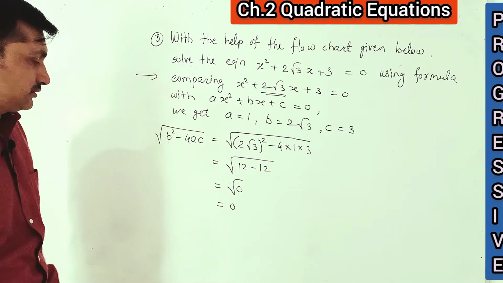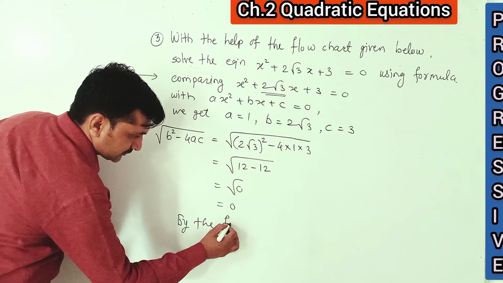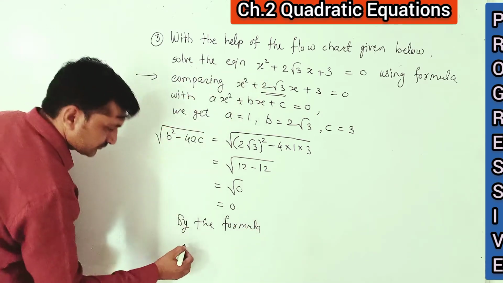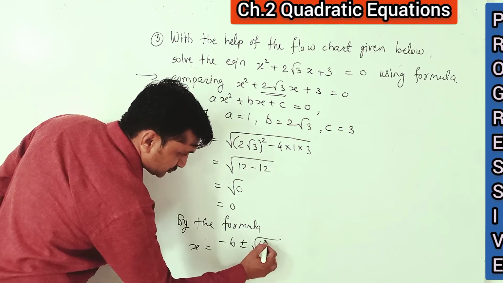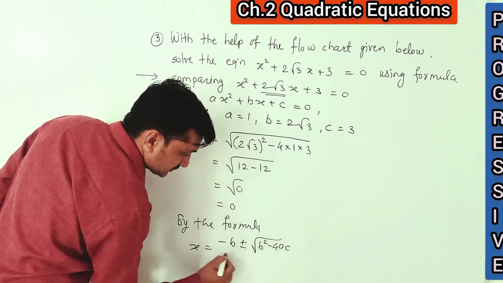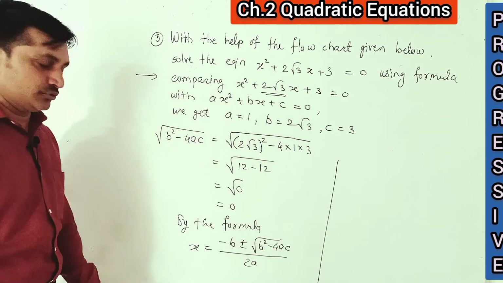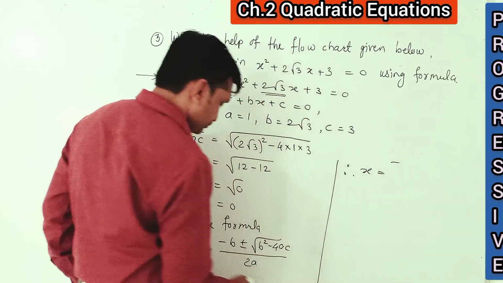We got 0 here. By the formula, now variable is x, that's why x is equal to minus b plus minus root b square minus 4ac upon 2a. Okay, now put values. Therefore x is equal to minus, what is b value?